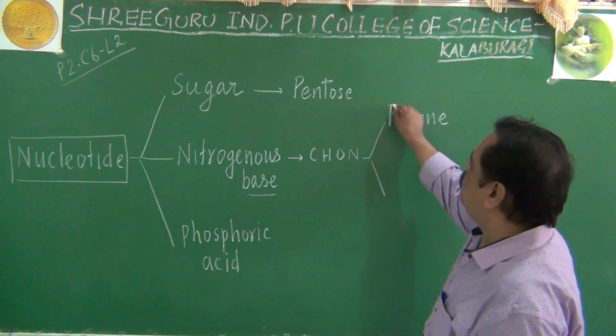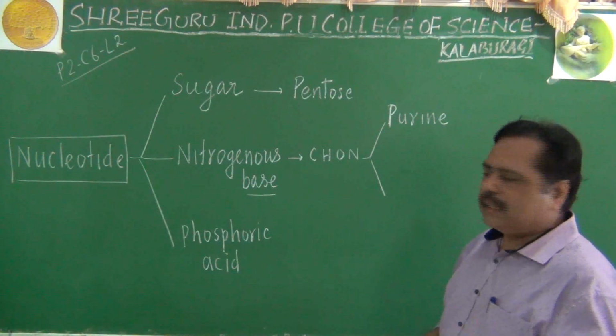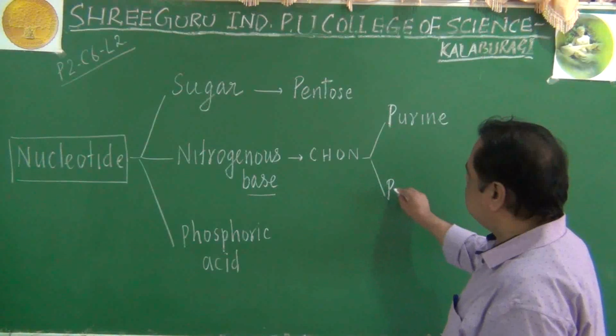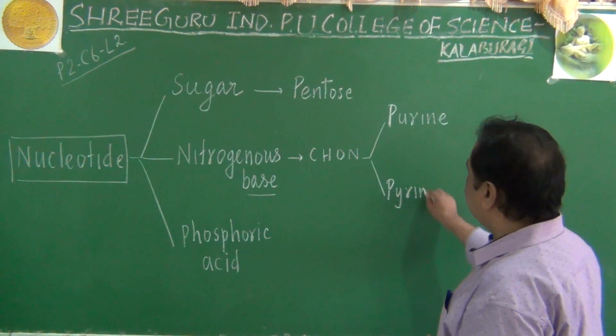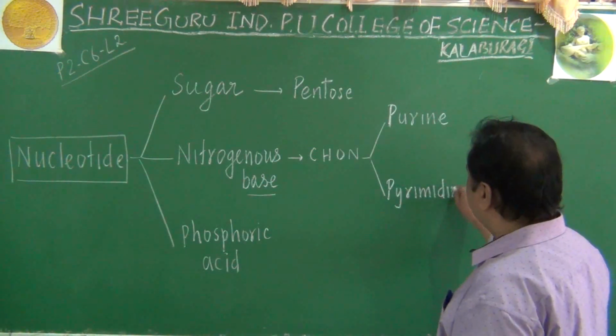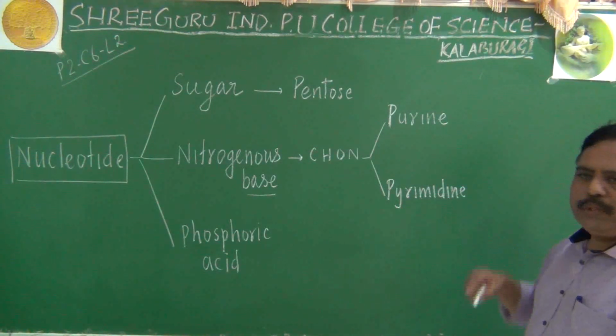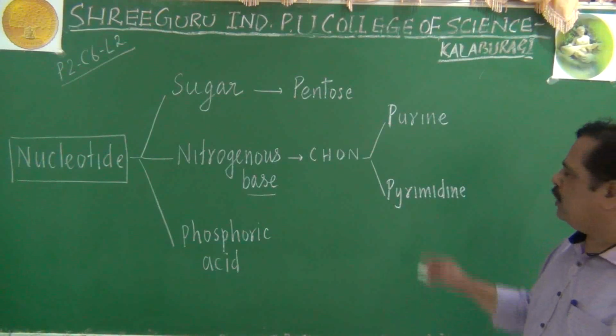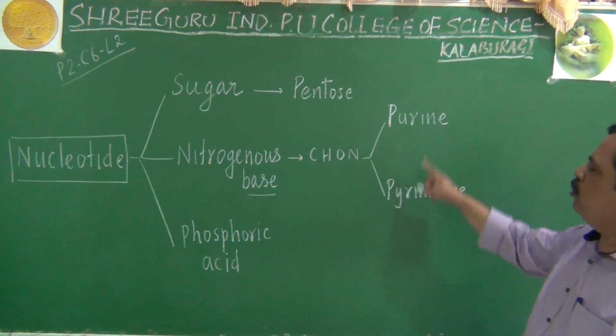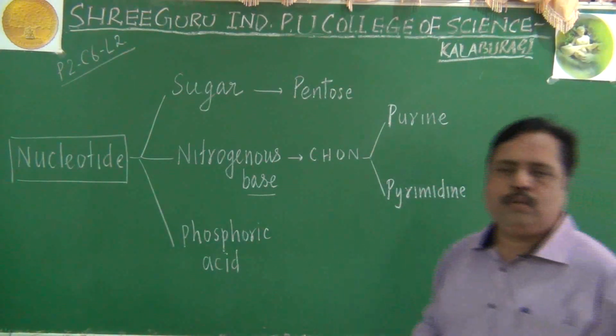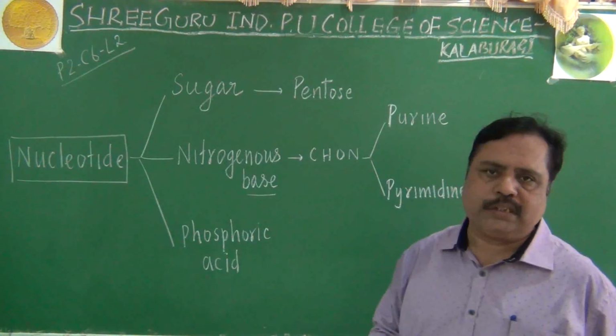Remember it. Second type of nitrogenous base is known as pyrimidine, P-Y-R-I should be there. It should not be A here. Purine and pyrimidine are the two types of nitrogenous bases.